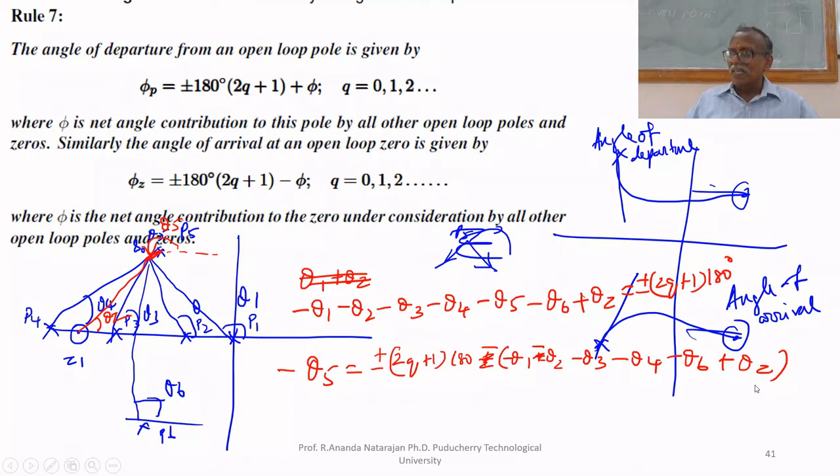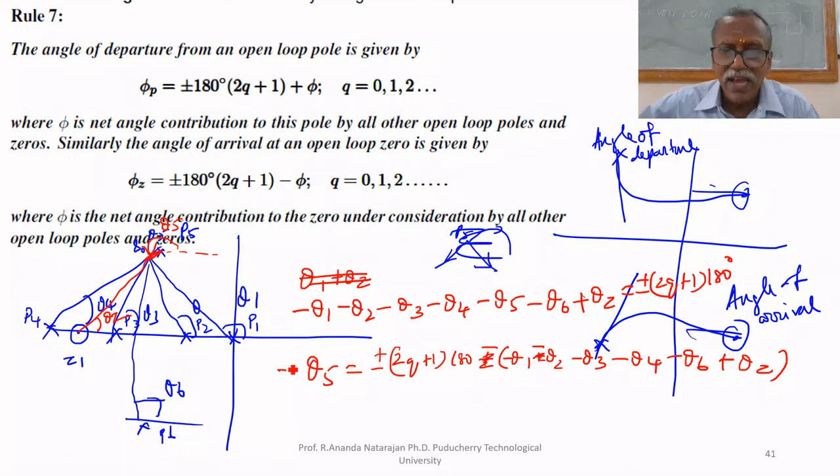Theta 1 is equal to, listen here, the angle made by the line joining P5 and P1, or the line joining S0 and P1. Because S0 and P5 are very close to each other, the angle made by P1 and P5 and the angle made by P1 and S0 are the same.